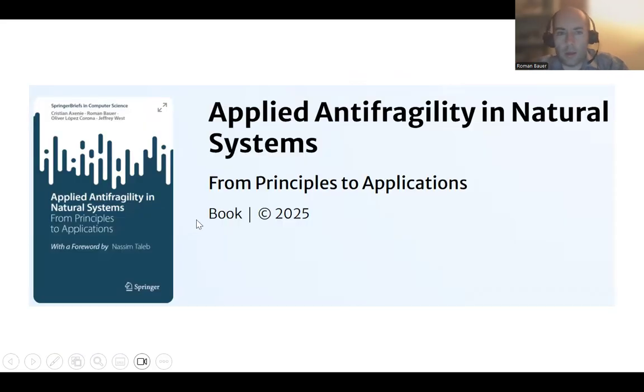And also, we recently published a book on anti-fragile systems. So what are anti-fragile systems? Anti-fragile systems can be understood as systems that are the opposite of fragile. And so the opposite of fragile is not really robust, because anti-fragility means that the system even gains from stochasticity and from noise.